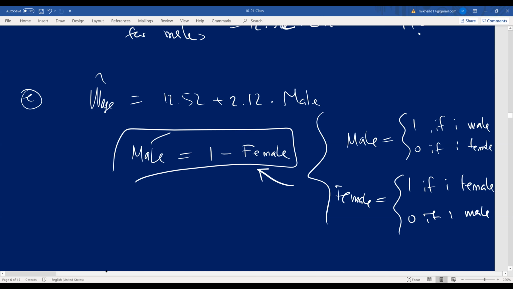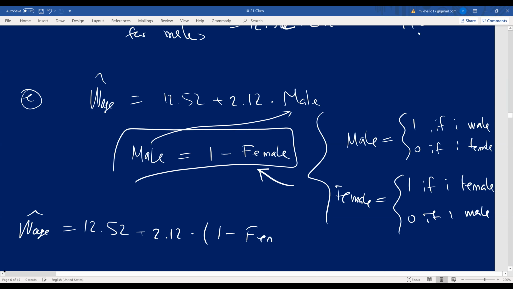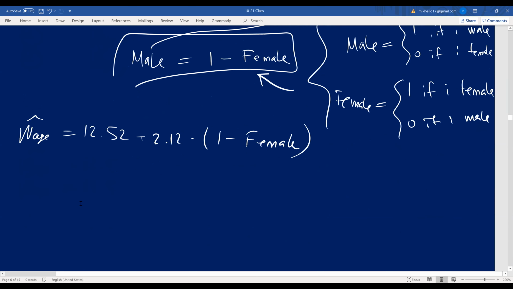So here you can substitute 1 minus female, and you will get 12.52 plus 2.12 times 1 minus female, and then you just rearrange terms.